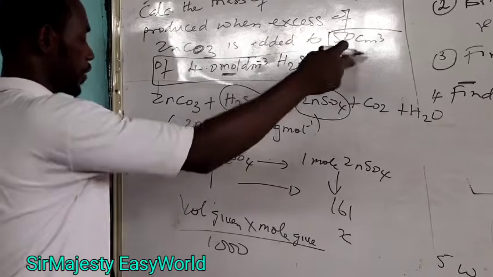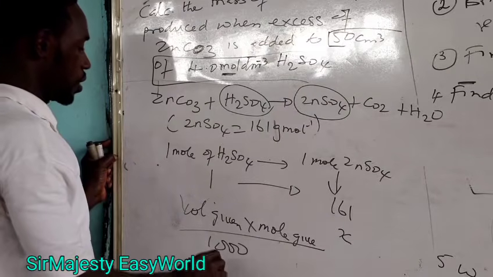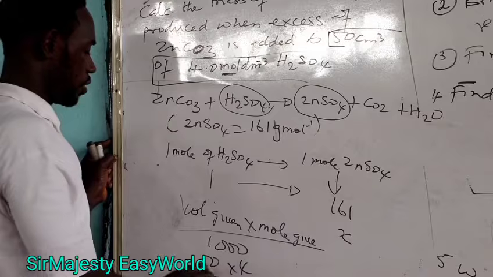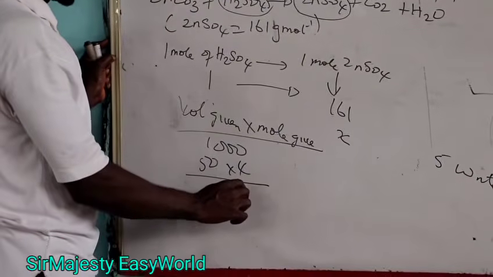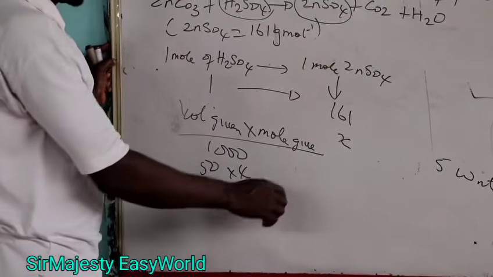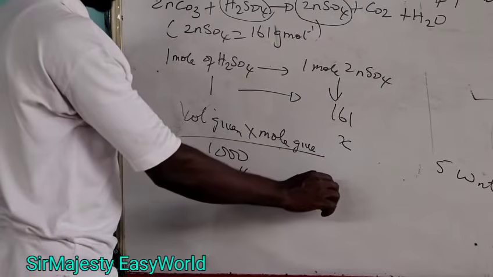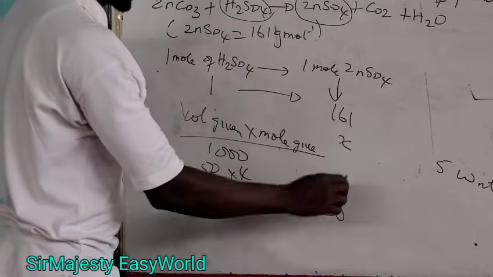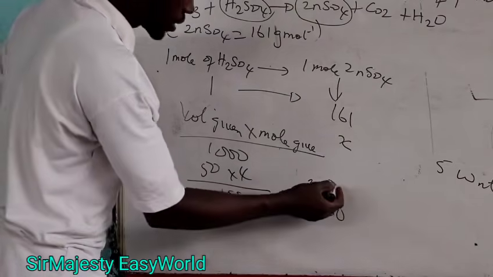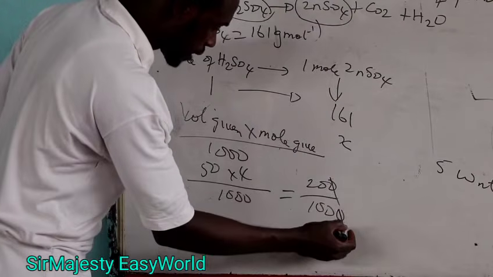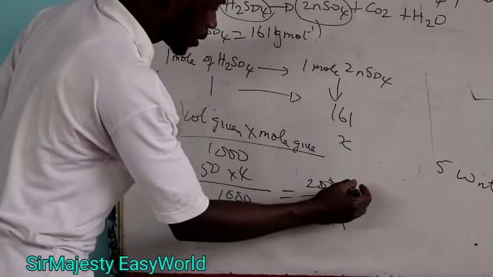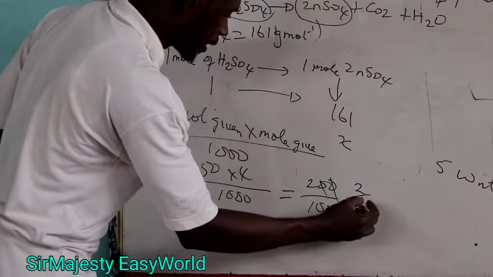What is the volume given? 50. What is the mole given? 4. All over 1000. What do we have? 50 by 4 should be 200 over 1000. Please watch. If you have 200 over 1000, don't waste time pressing the calculator. Just cancel, cancel, cancel, so that you have 2 over 10.